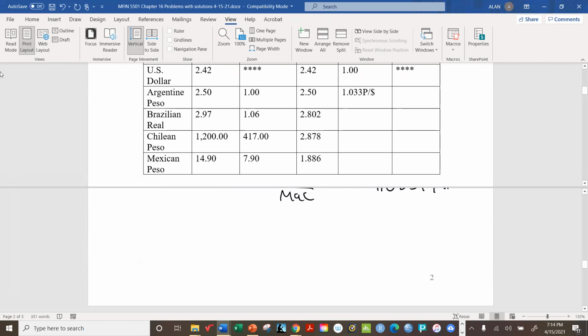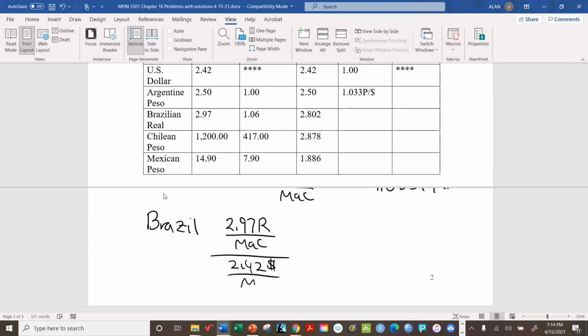And so in Brazil, we take the cost of buying a Big Mac in Brazil, and we divide that by 2.42 per Mac in the United States.